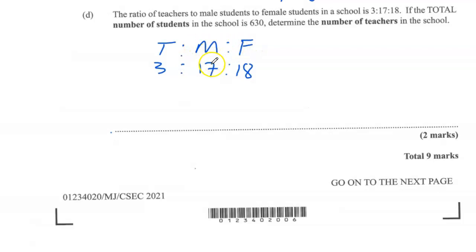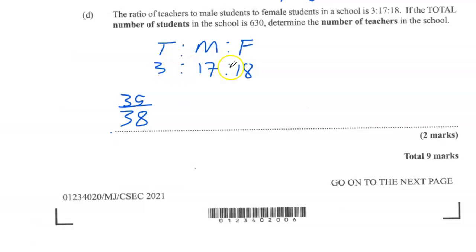So in this ratio, the total number of students would be 35, right? And the entire total here is 38. So the 35 over 38, that's a fraction representing the students out of everybody in the school, including teachers and students.